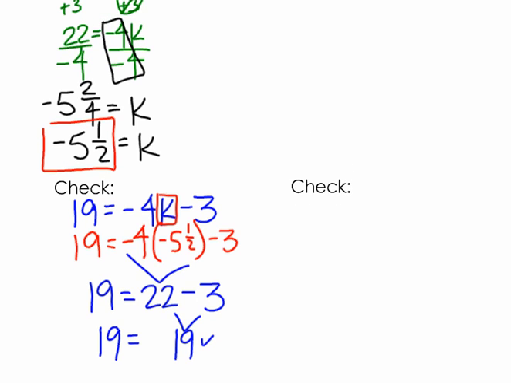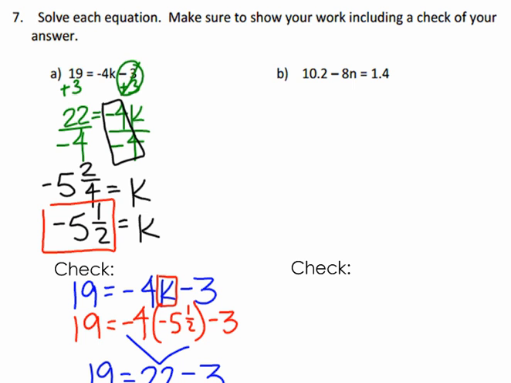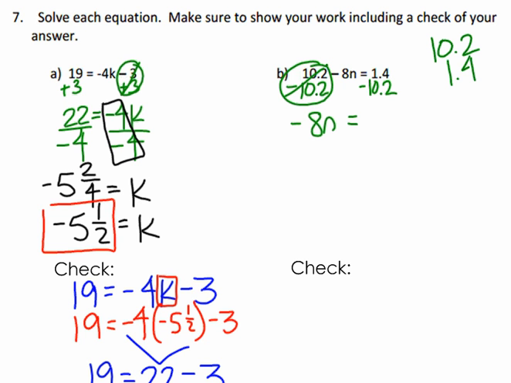On part B, I'm going to subtract 10 and 2/10 from each side. Here are my zero pairs. So I have negative 8n. And then for the subtraction part, 10.2 is larger than 1.4. So when I subtract, I need to put the number with the greater absolute value on top.